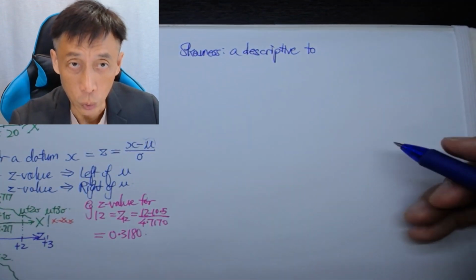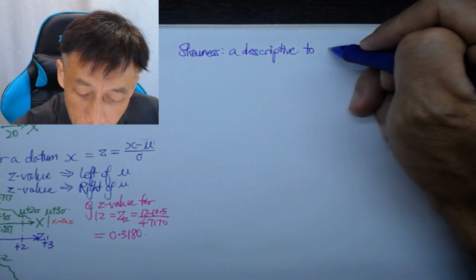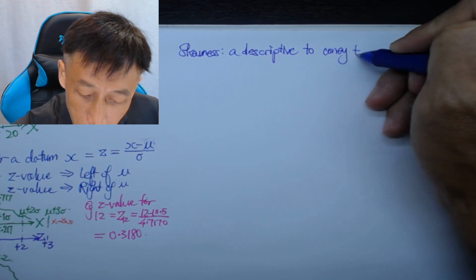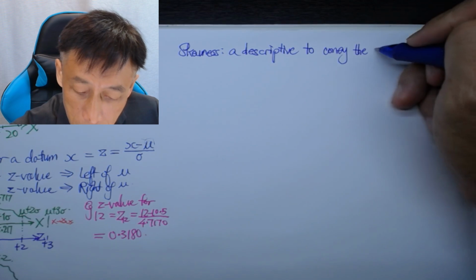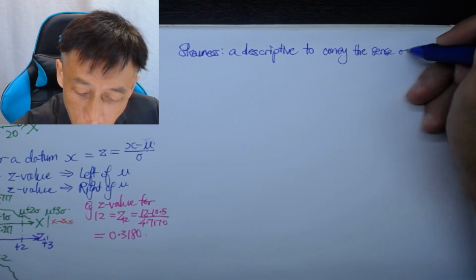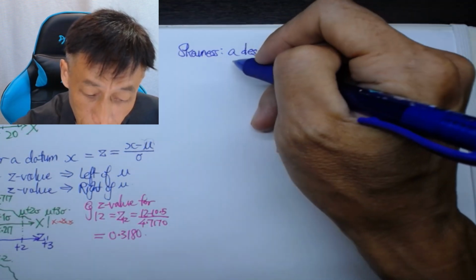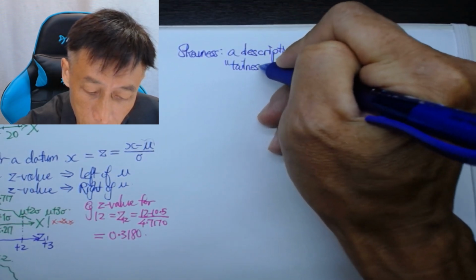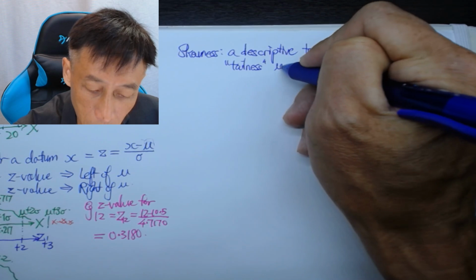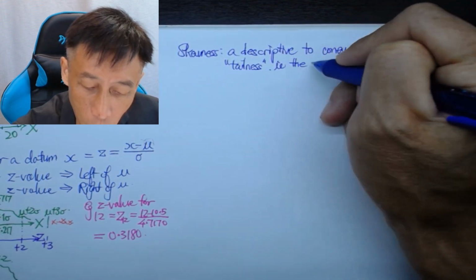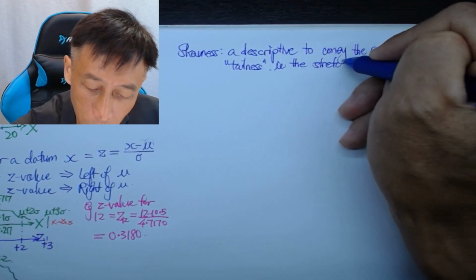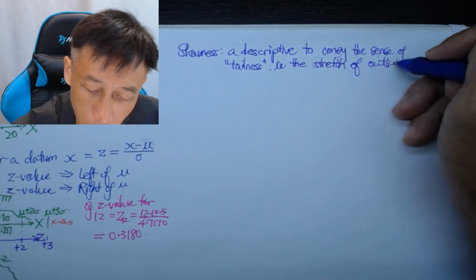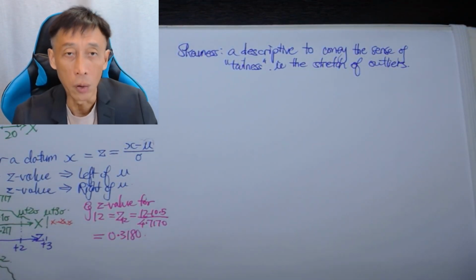Okay, so skewness is a descriptive to convey the sense of tailness. That means the stretch of outliers, on the left or on the right.